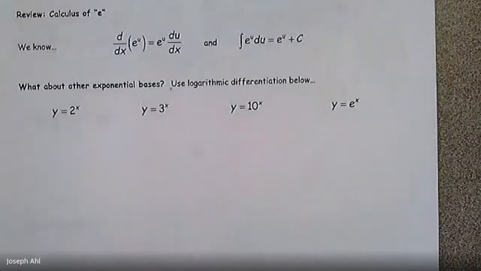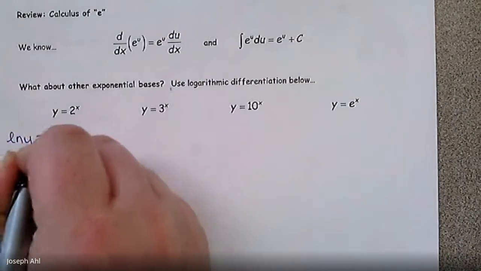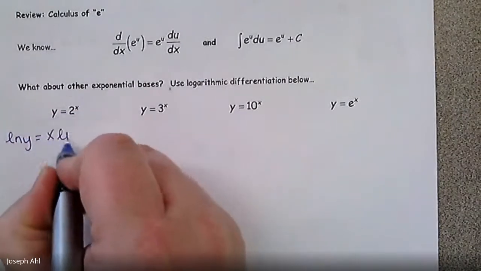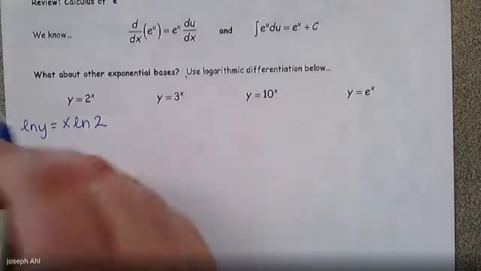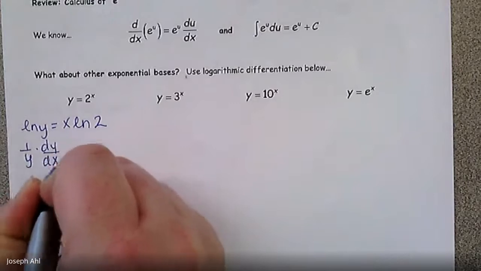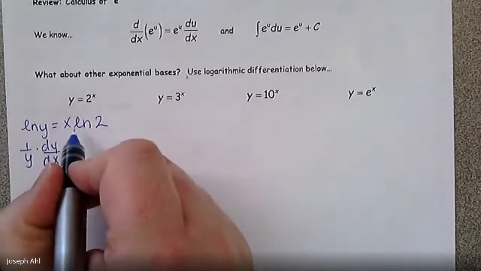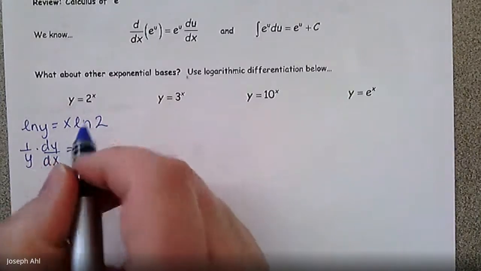So let's take a look at the first one here, y equals 2 to the x. Logarithmic differentiation, let's take the ln of both sides first, bring the x out in front, so we get x ln 2, and then take the derivative of both sides. So here we're going to get 1 over y dy dx. And on this side, ln 2 is just a numerical value, right? It's the coefficient of x there.